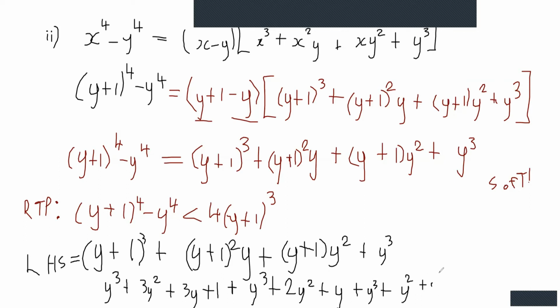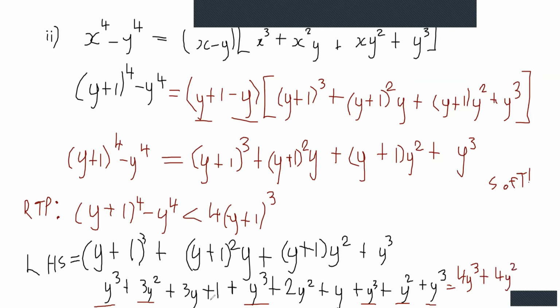Now look at this. Y cubed, let me put it in a different color. This y cubed here, this y cubed here, this y cubed here, this y cubed here works out to be 4y cubed. And then your y squared terms, 3y squared, 4y squared, then plus 4y squared.